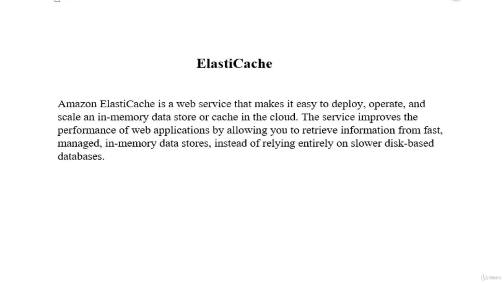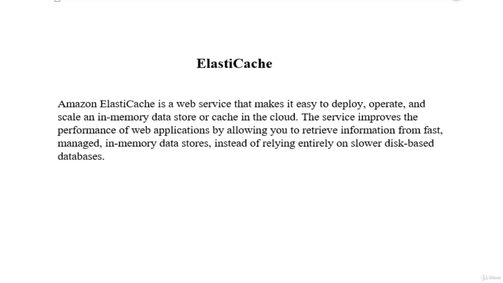Now let's discuss one of the well-sought services of Amazon RDS, that is Elastic Cache. Elastic Cache is very important from the exam point of view. It is asked many times in the exams, and basically they ask for the function of Elastic Cache and what advantage it provides over the traditional way.